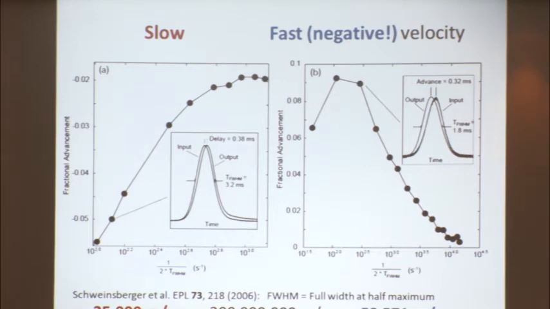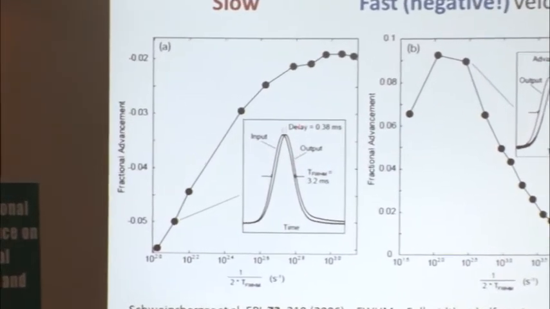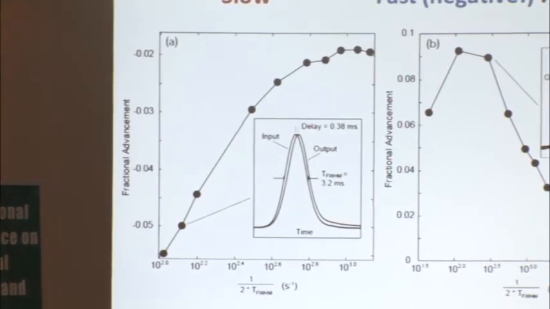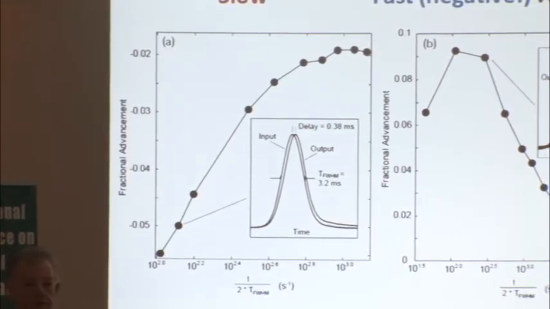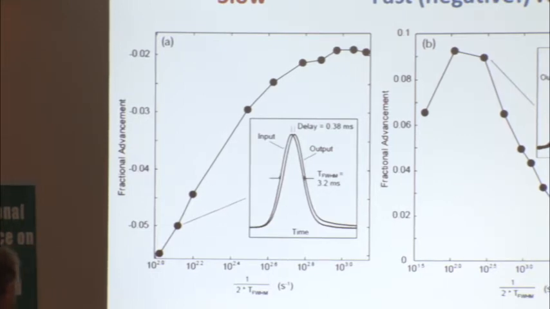Here we have slow light where the metastable state is occupied by the signal. There is a digital pulse, and you see this is the input, and the output over time is delayed by 380 microseconds. And I don't know why they showed it this way.